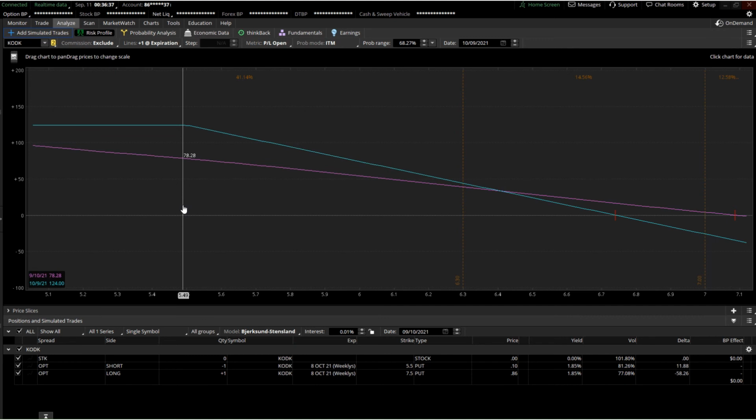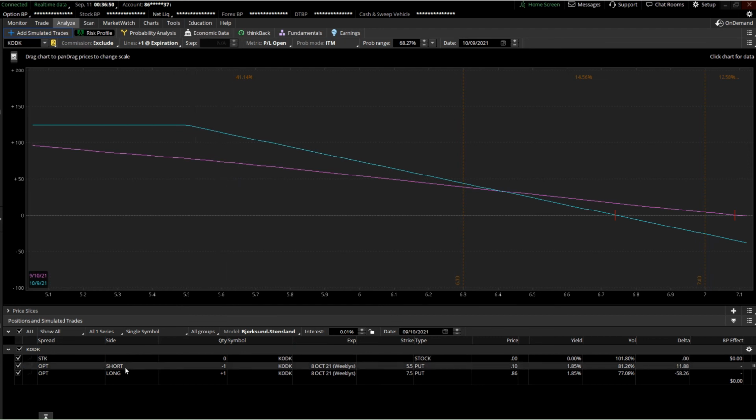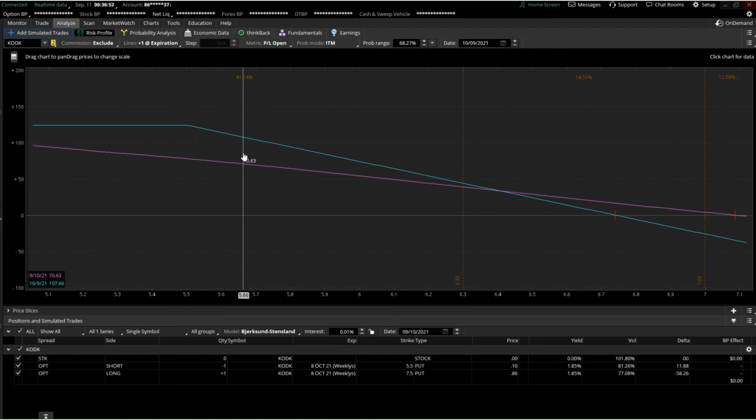That's the con side of a vertical spread. It caps your profit. And another major con, and the main reason why I don't like using multi-leg strategies that involve specifically shorting or selling a put or a call, is that I could get assigned.